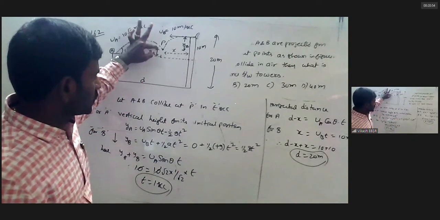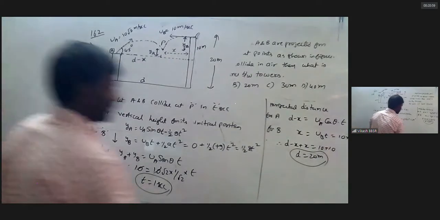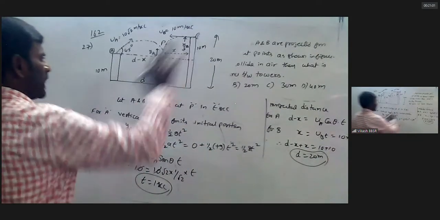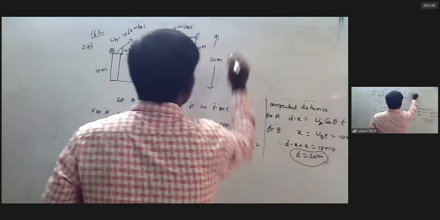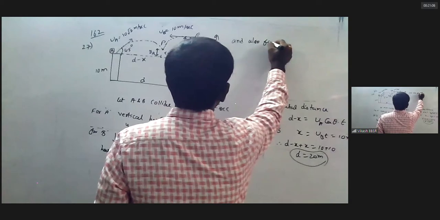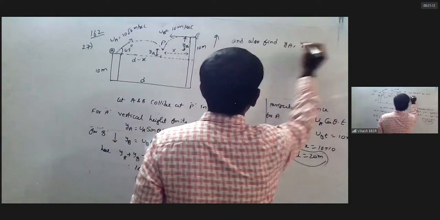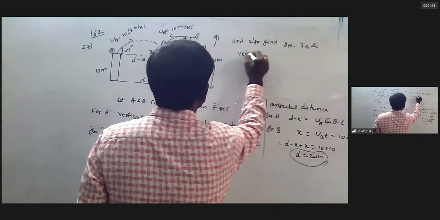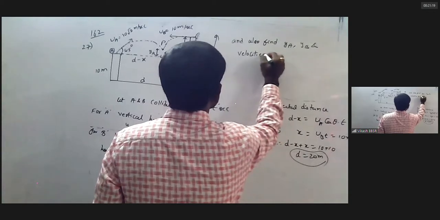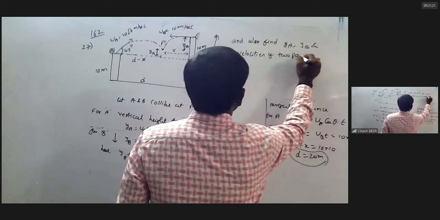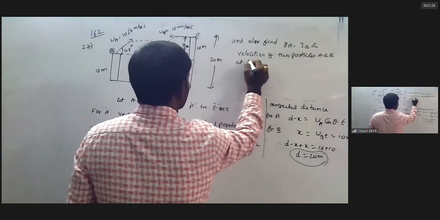For example, I ask you to find yA, yB and the velocities of the two particles A and B at the instant of collision.